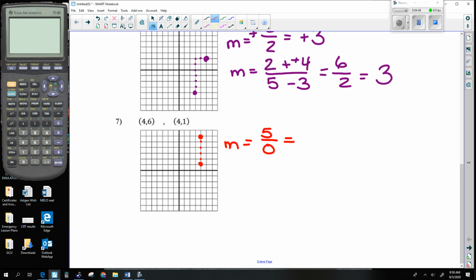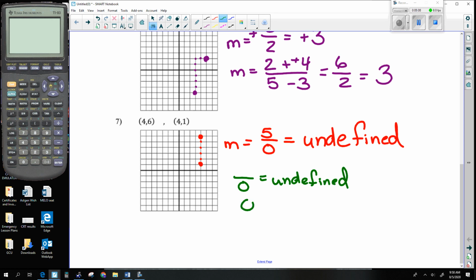When the 0 is on the bottom, it's undefined. So the slope is undefined. It's a vertical line and it has a slope of undefined. Again, the little trick is if the zero is under, it's undefined. If it's over, then the slope is zero.